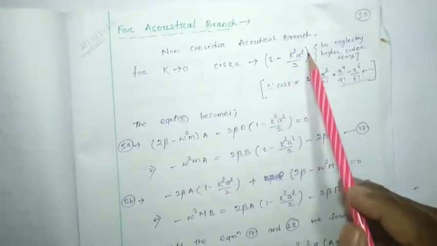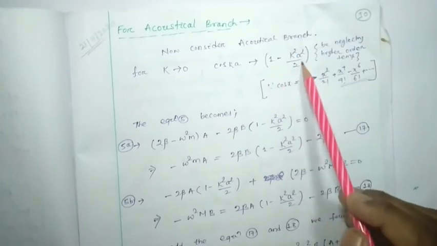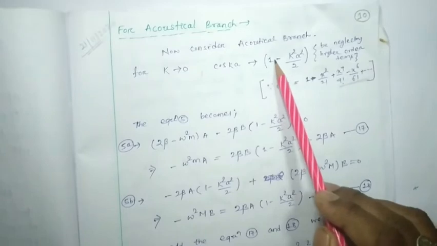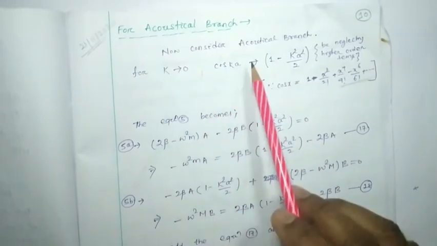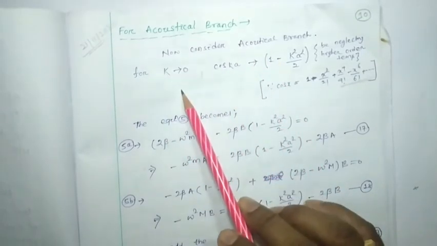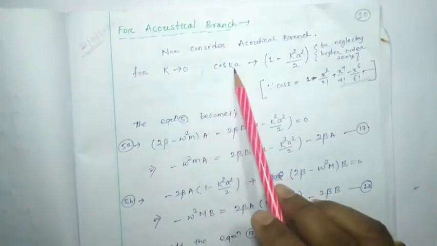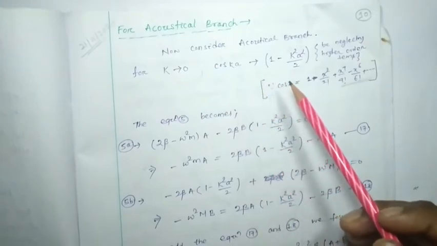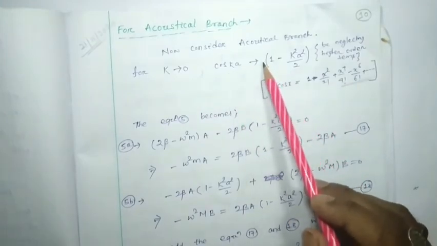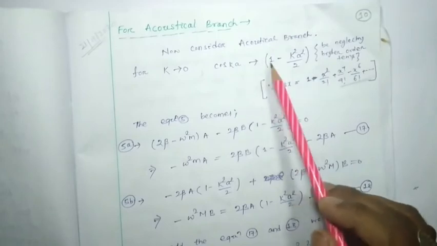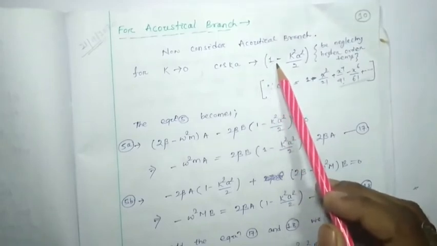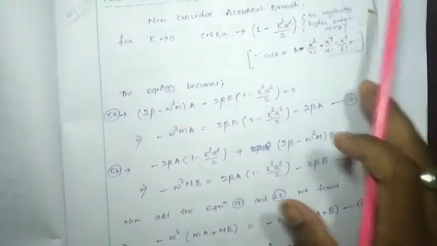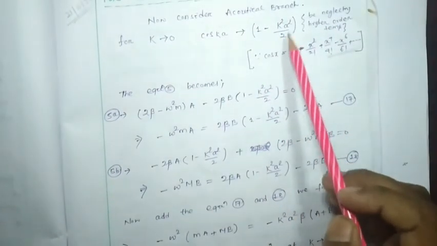This value is approximately 1, but somewhat less than 1, as compared to the optical branch where we already took cos ka equal to 1. For the acoustical branch we have to consider less than 1, so we consider 1 minus k square a square by 2.